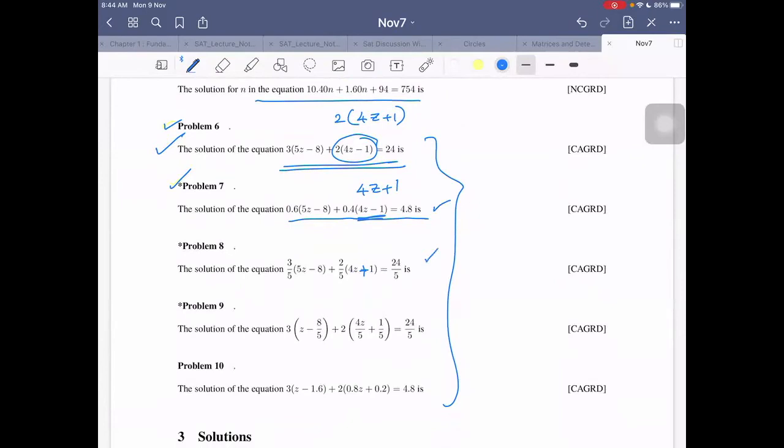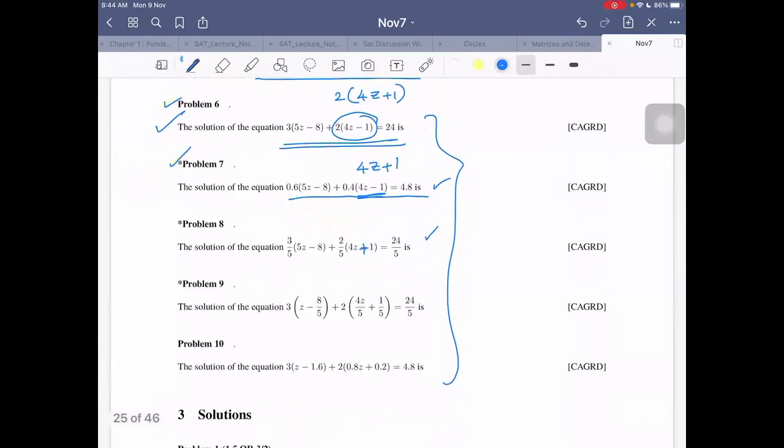Again, let's go to question number 9. Question number 9 may look slightly difficult, but again, you'll soon realize that it's nothing but question number 6 again. Let's see how. Okay, listen carefully.